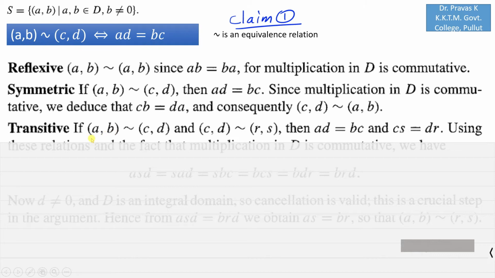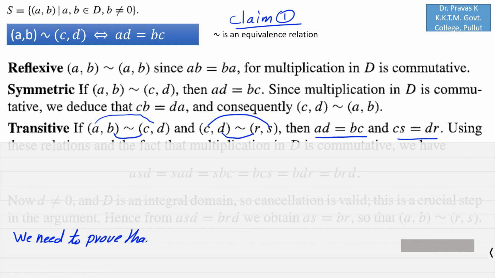Now finally, to prove that tilde is transitive, we start with (a, b) tilde (c, d) and (c, d) tilde (r, s). That is, we have ad equals bc and cs equals dr. We need to prove that the ordered pairs (a, b) and (r, s) are in relation tilde, that is (a, b) tilde (r, s). For that we need as equals br. For that we start with asd.